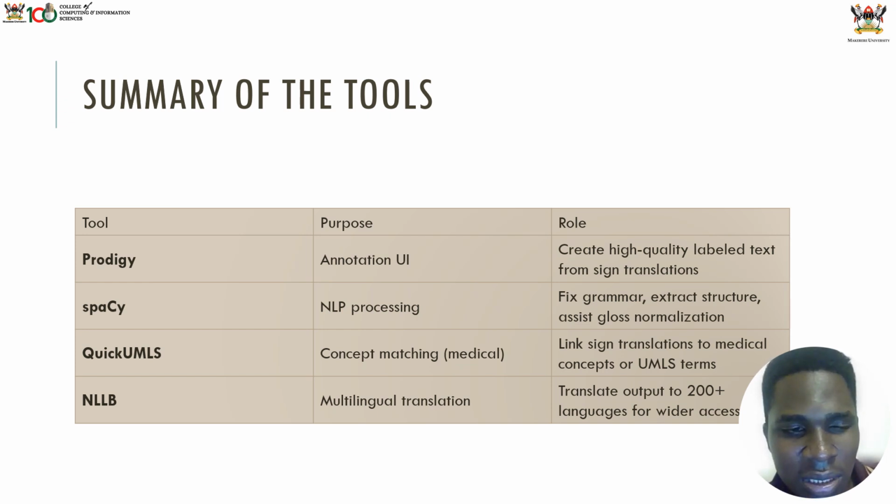And then NLLB, which is No Language Left Behind. This is a multilingual model that was trained on a number of languages. This helps us to translate the output, which is basically the English output, to a number of languages.